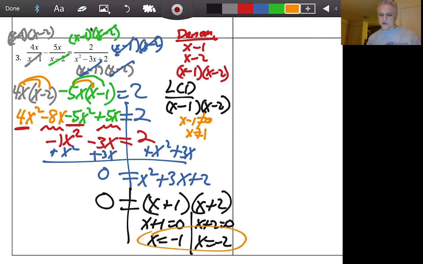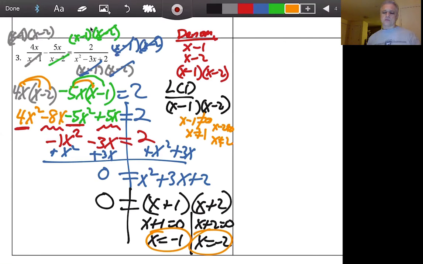Okay, well, that's not either one of these guys. For x minus 2, if x minus 2 can't be 0, then x can't be 2. Well, that's not either one of these guys either, because these guys are negative. So looks like both of these answers should be solutions to our original question.